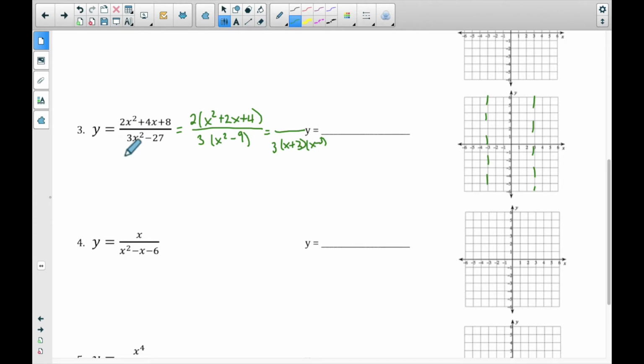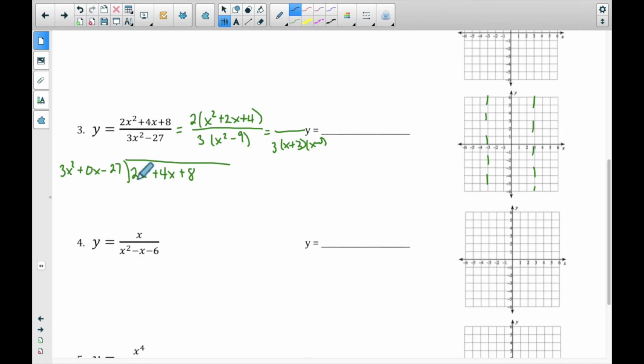Now, what we do need to do is our long division. So I'm going to set up my long division. All right, so I've set up my long division. I had to do long division because it's not a linear. The denominator has a quadratic in it, so I have to do long division. I have to include my 0x. What I'm thinking is how many times does 3x squared go into 2x squared?